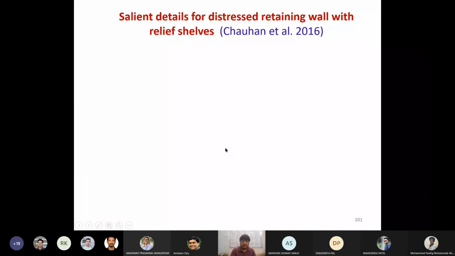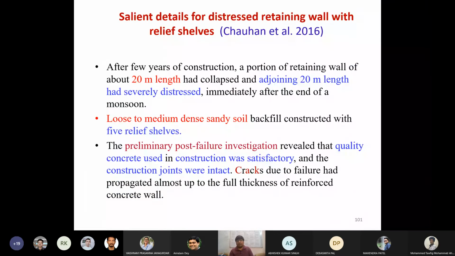Okay. So the salient features we noted are that after a few years of construction, a portion of the retaining wall of 20 meter length has completely collapsed, and another 20 meter length has been severely distressed. The backfill used for this wall was loose to medium dense soil, and a very renowned professor was involved in this post-failure investigation.